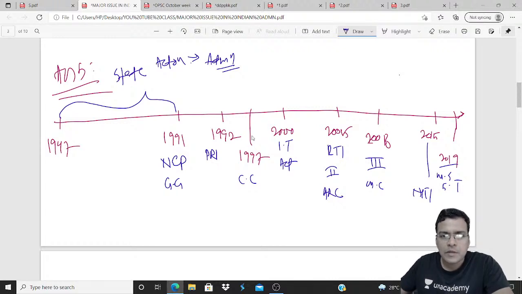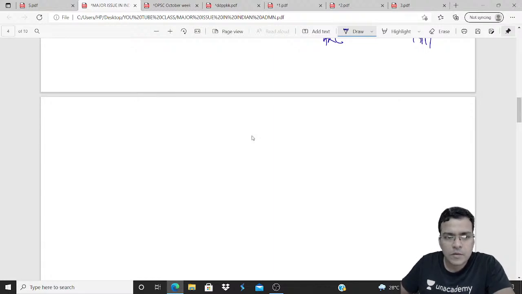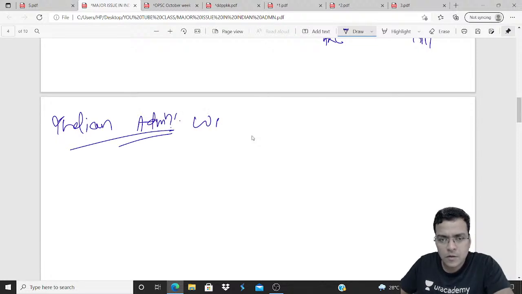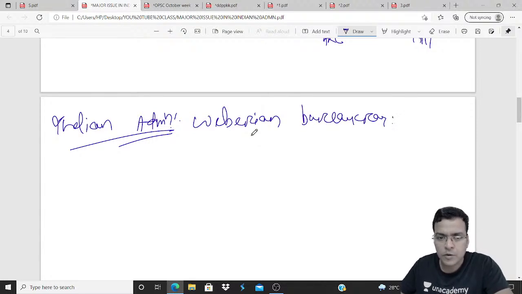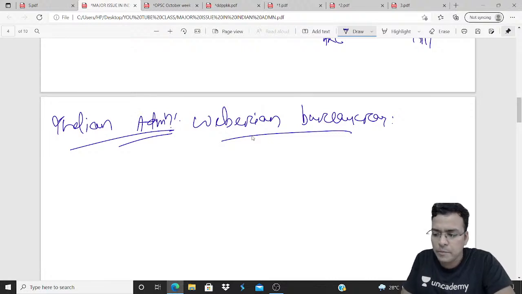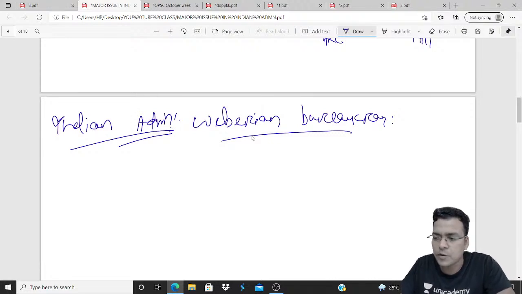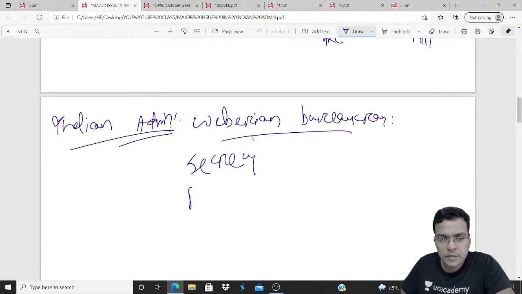At that time Indian administration followed Weberian bureaucracy. What are the major negative aspects of Weberian bureaucracy? This is secrecy, red tapeism.